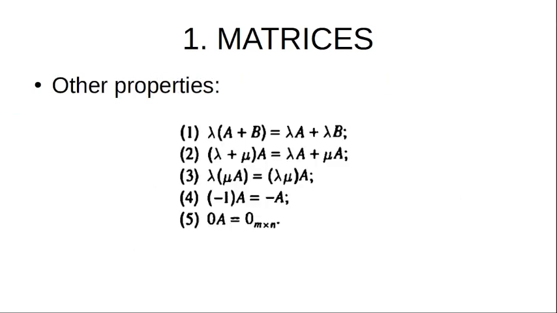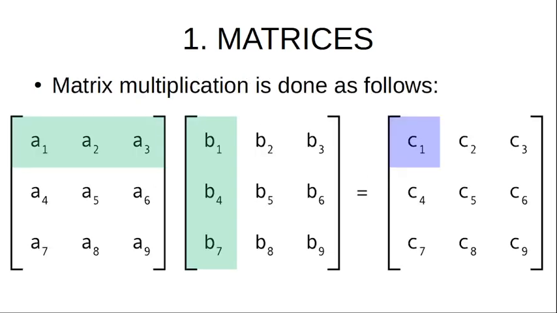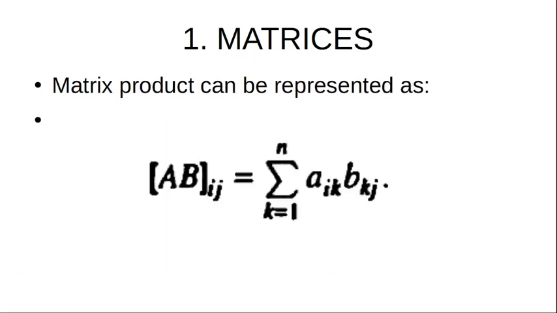I can't really find a way to explain it properly, but essentially it's performed like row 1 of the first matrix and column 1 of the second matrix to form the first element, then the first row of the first matrix and the second column of the second matrix to form C2, and so forth. Matrix products can be represented as follows: (AB)ij equals the sum shown.